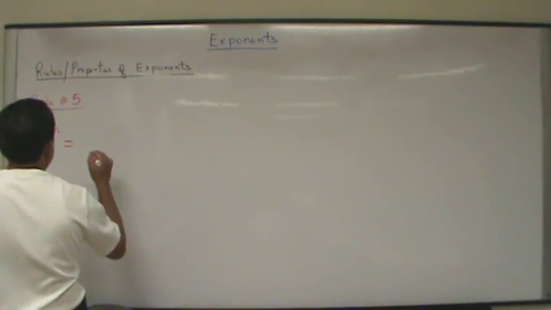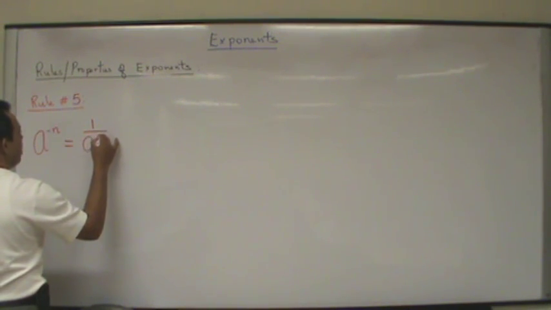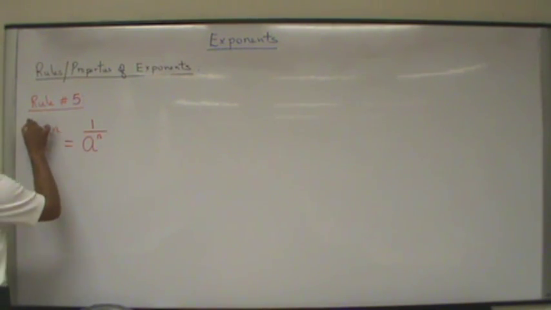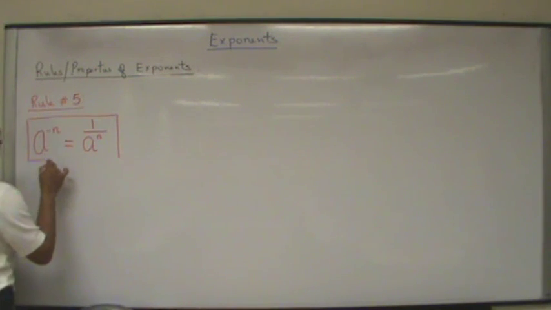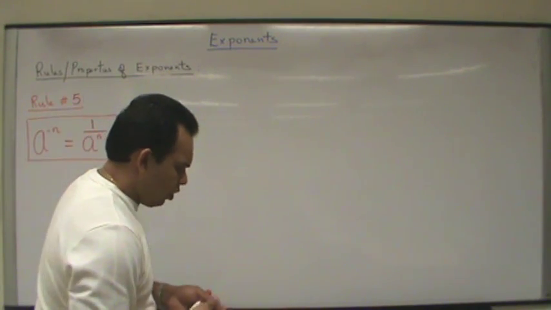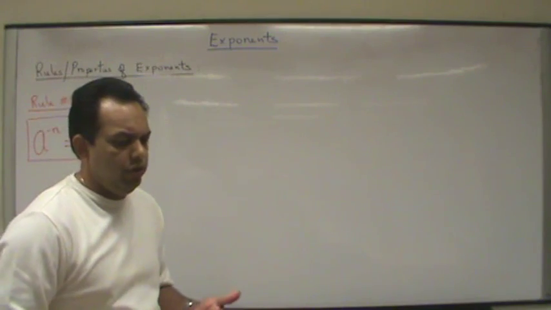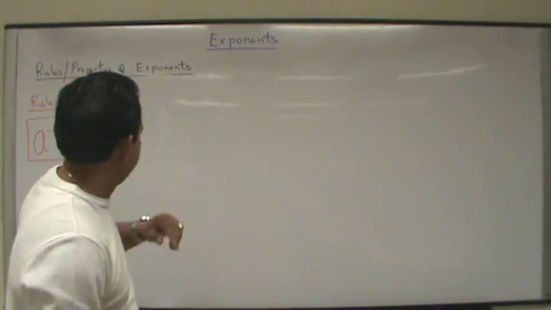So we have 1 over a to the positive n power. And that is the rule, or the property, that we must follow. So I'm going to show you an example or 2, and then I'll show you what I usually tell my students when I'm looking at this rule.